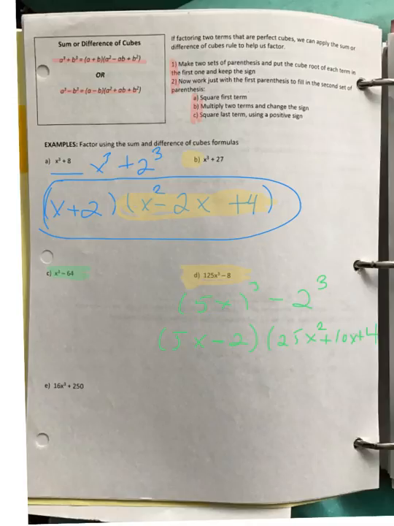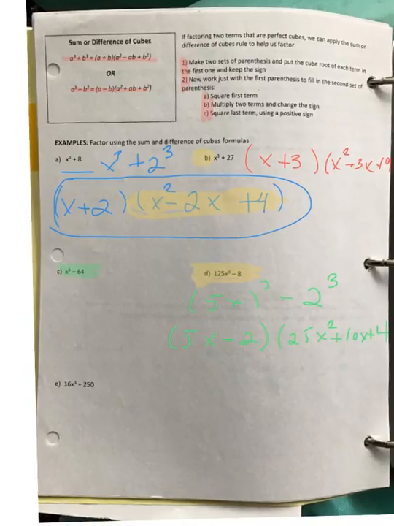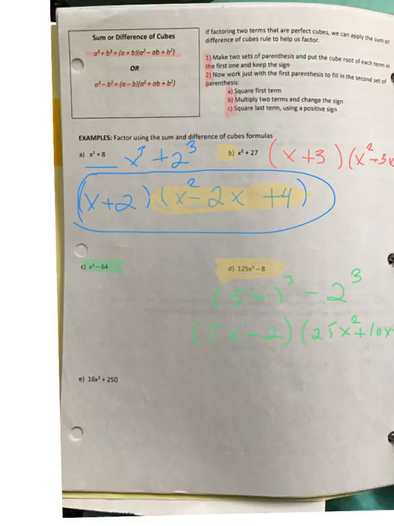Okay, so for this one, the cube root would be x. The cube root is 3, same sign. First one is x squared. Multiply each other and square the last one, always positive. So minus in here. This one here, the cube root is x.